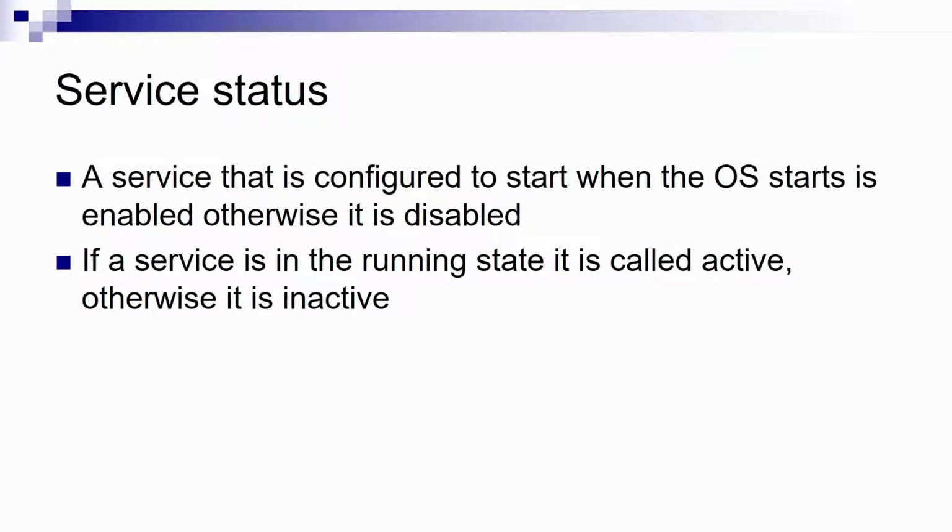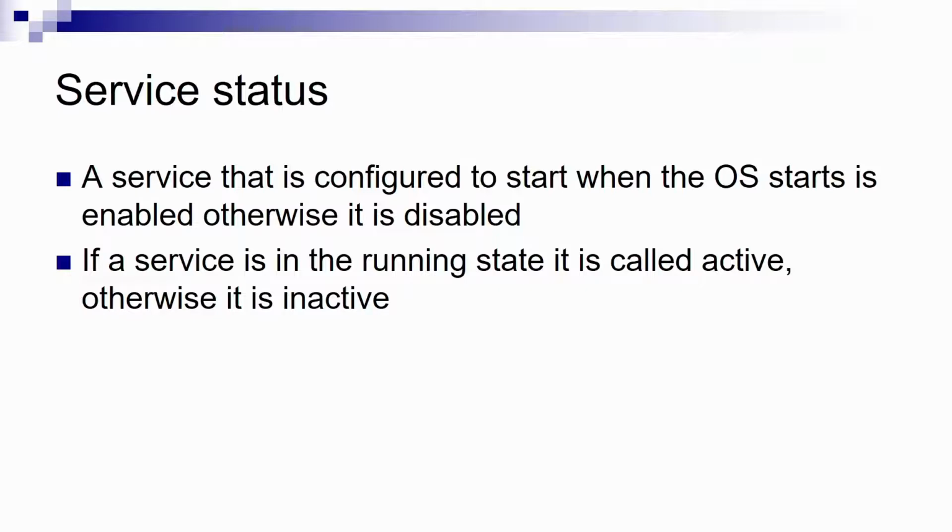One important thing to know about services is if they are running, or what their status is. A service that is configured to start when the operating system starts is an enabled service. Otherwise, that service is disabled. If a service is enabled, then when the OS starts, the service also starts up, so its state should be active.